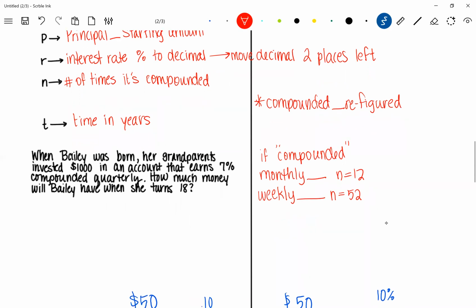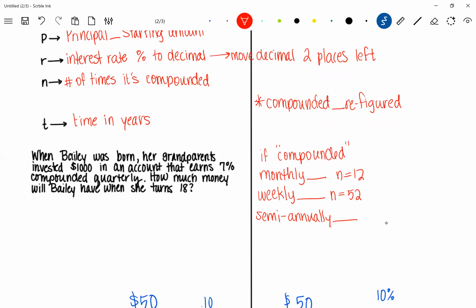Okay. What about if it said semi-annually? What do you think if something happens semi-annually, how many times do you think it happens?